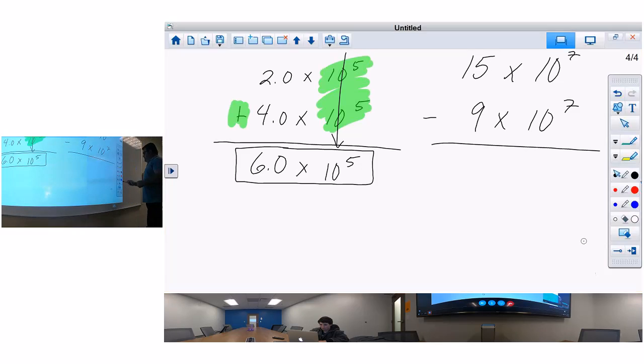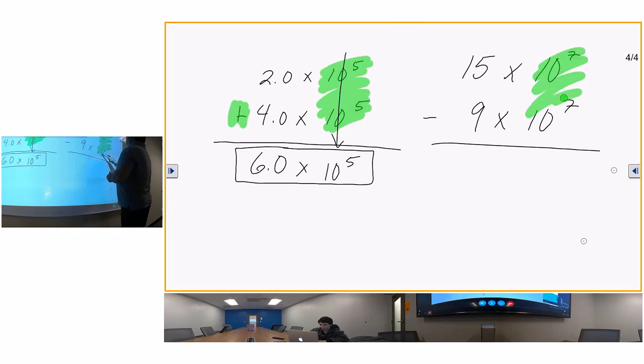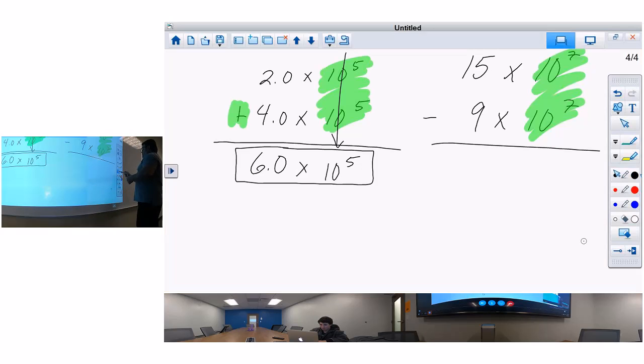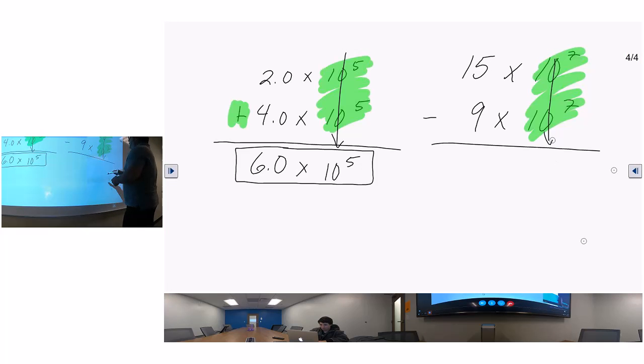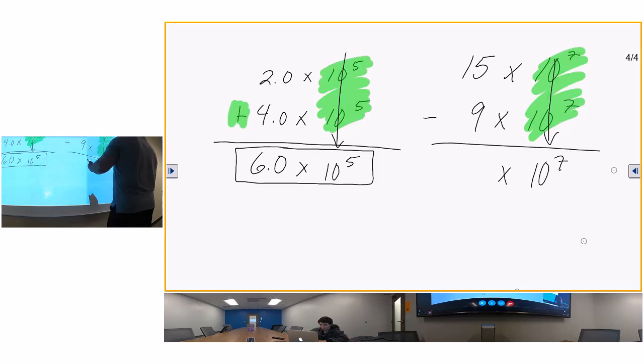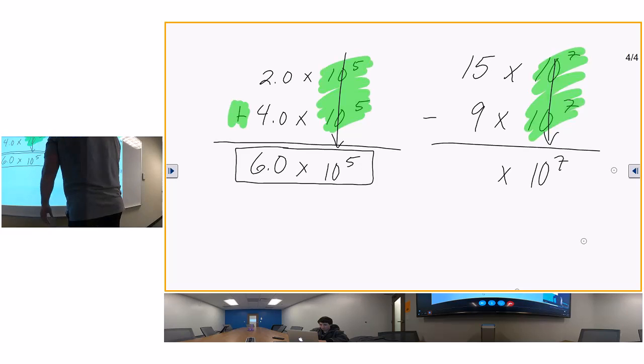So we highlight these two and we're subtracting, but you still highlight these two because they don't change, Hubert. Thank you for the interaction, y'all. 10 to the 7th. And what's 15 minus 9? 6. And you're done.